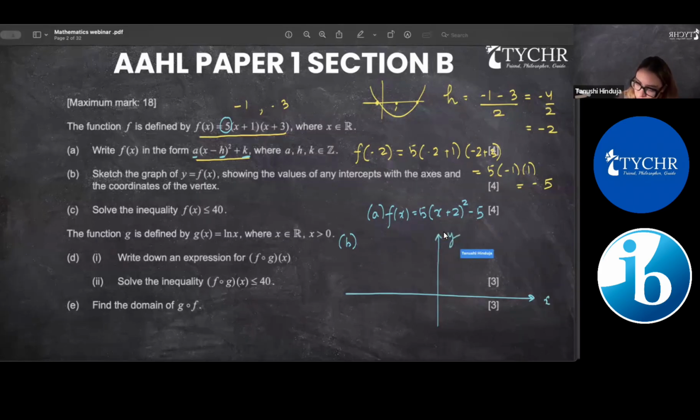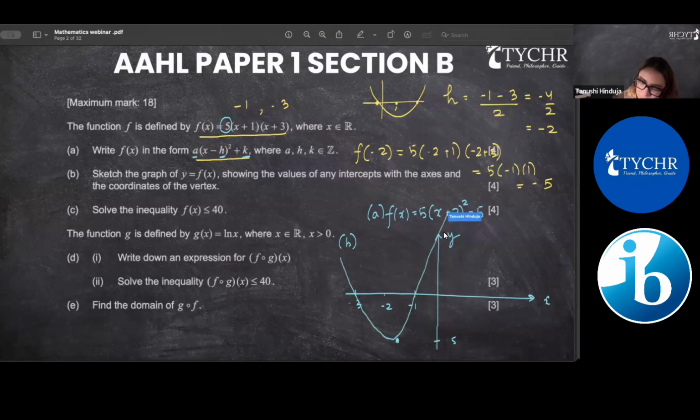So we have the roots at -1 and -3. At (-2, -5) we have the vertex, so -5 would be somewhere here, and then we just join these.